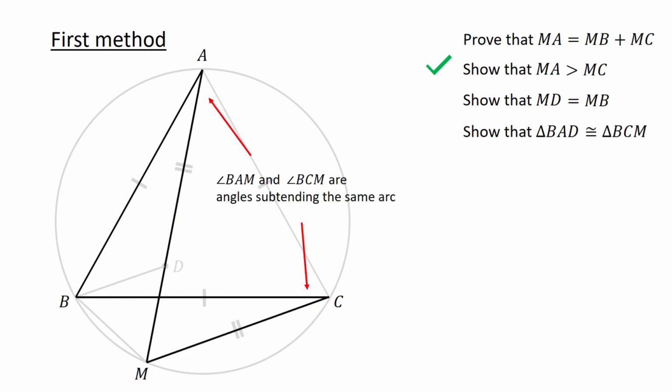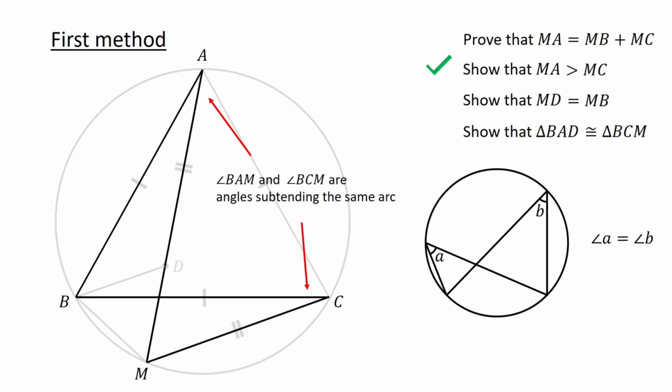Angle BAM and angle BCM are angles subtending the same arc. Since angles subtending the same arc are equal, therefore angle BAM equals angle BCM.